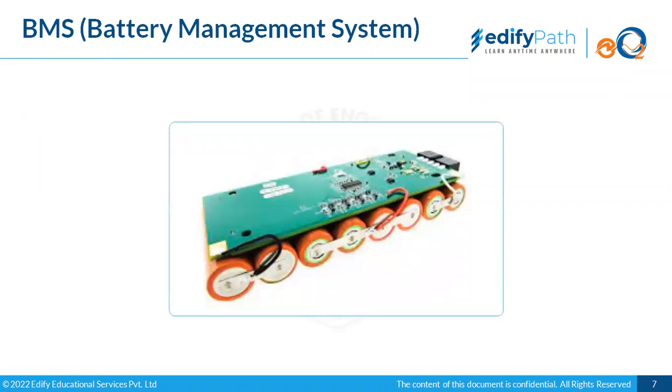So how would you identify a battery management system? As discussed, it is the brain of the battery. In different kinds of battery packs, the number of cells may differ. The battery management system assures that these cells perform uniformly and the best output is obtained from the battery.